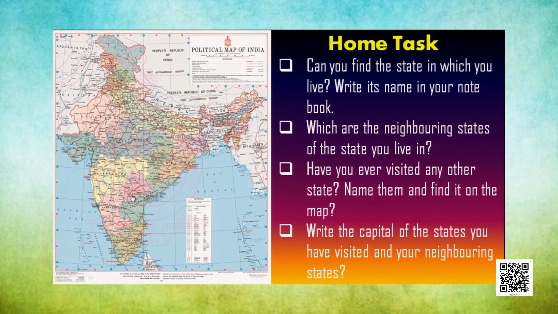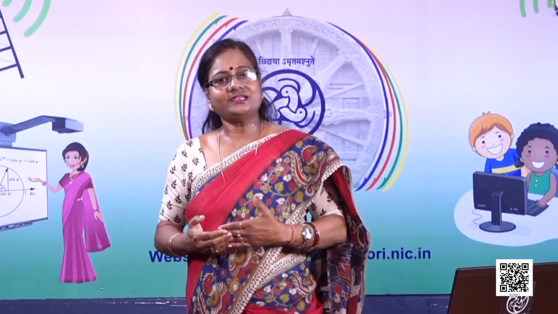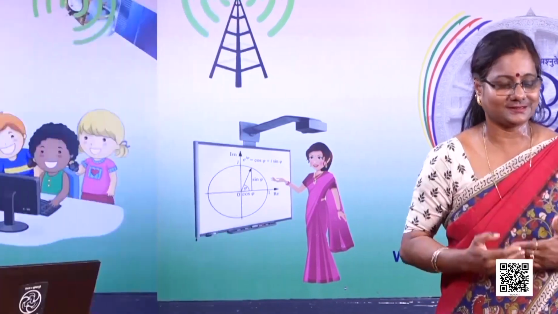Hyderabad is the capital of Telangana. Bangalore is the capital of Karnataka. And Panji is the capital of Goa. Similarly, children, you can list out the states and even find their capitals and note it down. This is a home task for you and I'm sure you will do it.